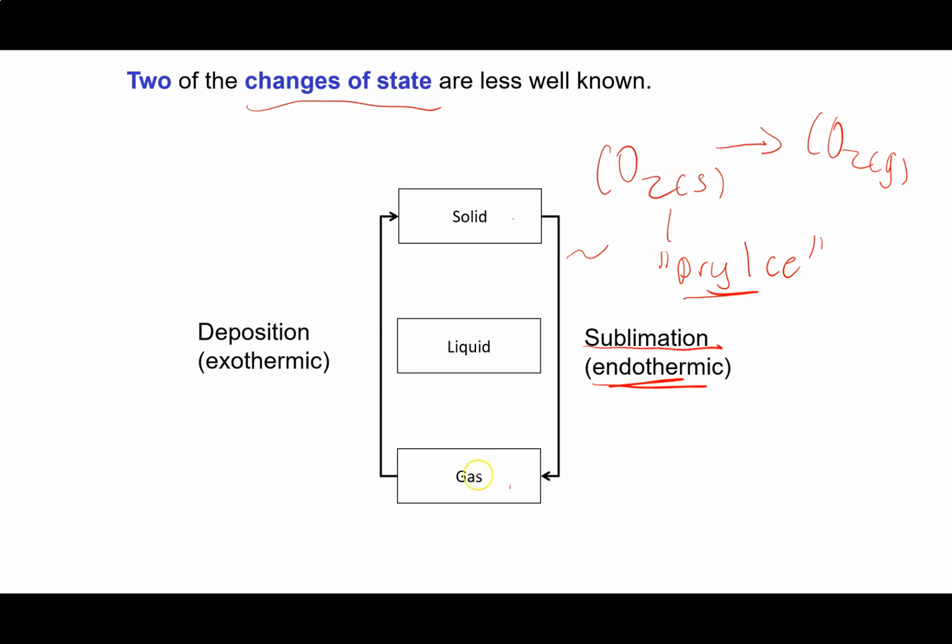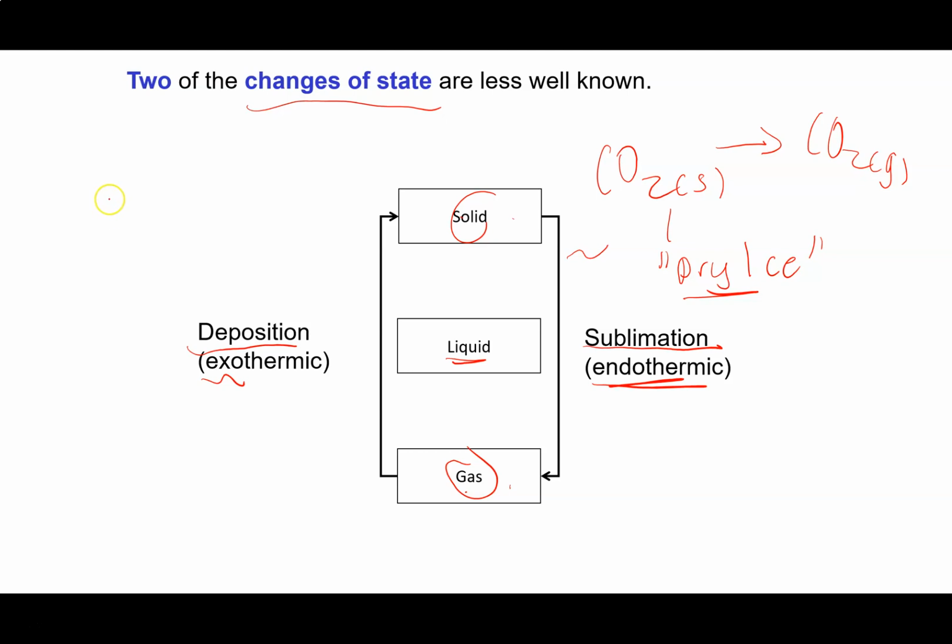Now, if a gas goes directly to a solid without going through a liquid, we call that deposition, and that process is exothermic. So that means that it releases heat when that occurs. There's a few examples of this that are pretty common. One of them is that on really cold days, you can get hoarfrost, where it seems like water vapor just freezes out of the air, going directly to being a solid without going through the liquid phase.